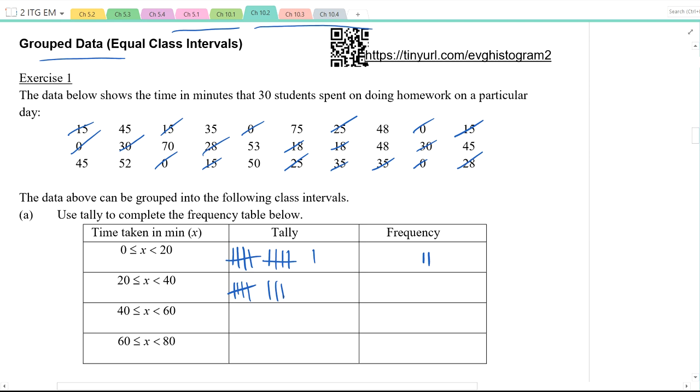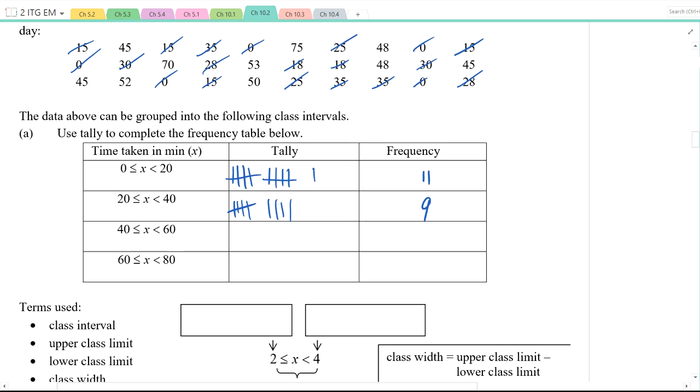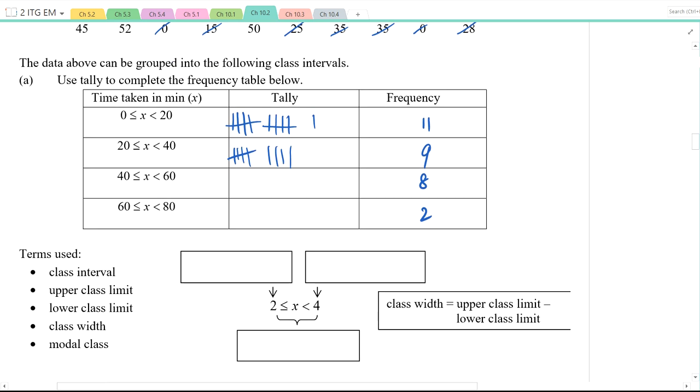Is there any that I missed out? Okay, there should be 8. Nope, there is one that I missed out, 35 over here. So there are 9. We continue doing for the rest, and we'll see that frequency will be 8 and 2 for the rest. Just do a quick count, and we see that the total will be 30, which makes sense.